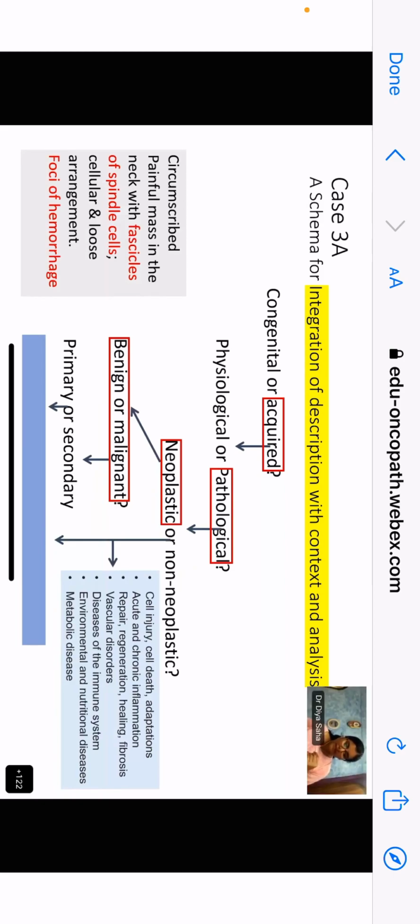So, I describe it and you make a diagnosis of a schwannoma. And that is exactly what I keep telling you on and on. A description should be such that somebody who is blind can actually make that diagnosis. You saw what I saw.